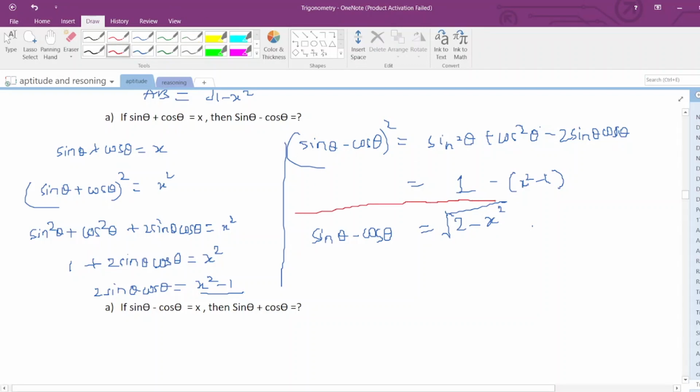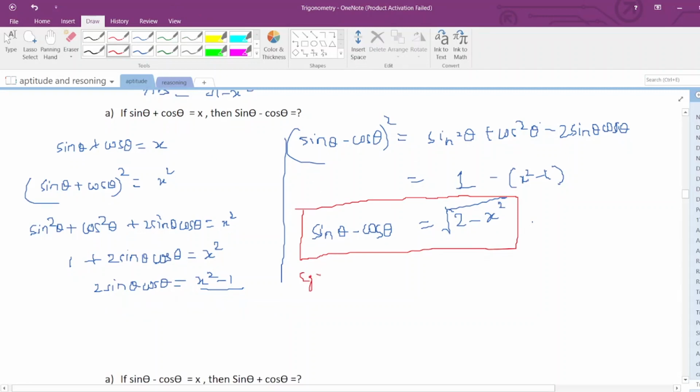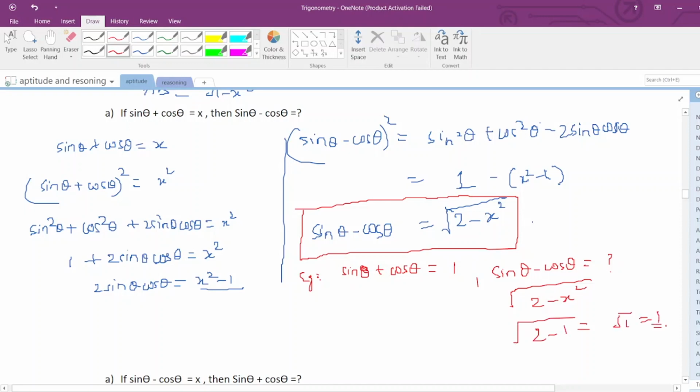So this is also a very important formula. Please make a note. Okay, some simple example I'm telling you, see. Suppose sin theta plus cos theta is equal to some value; let's take 1 given. Then they ask sin theta minus cos theta. So then what do you do? Again you should solve and get this formula. So in these cases you can directly remember this formula and apply it. So what is the formula? Root over 2 minus x square. So substitute 1 in place of x, right? 2 minus 1 is root 1, which is equal to plus or minus 1.